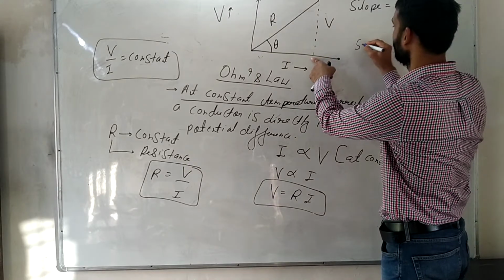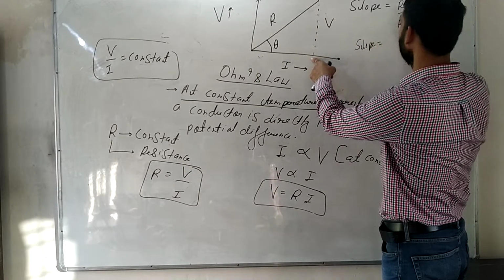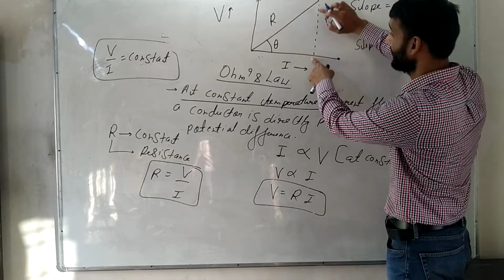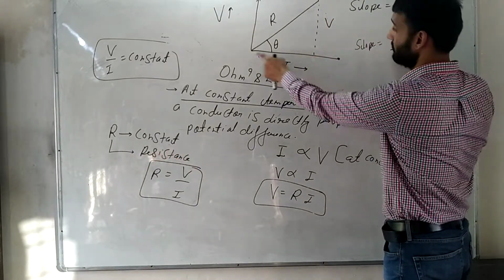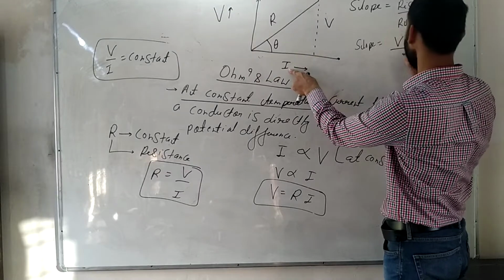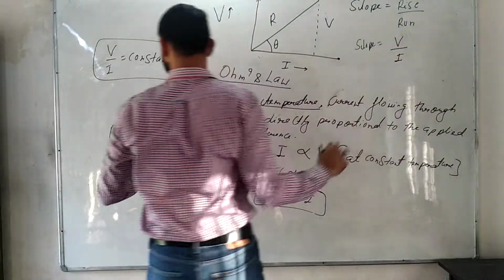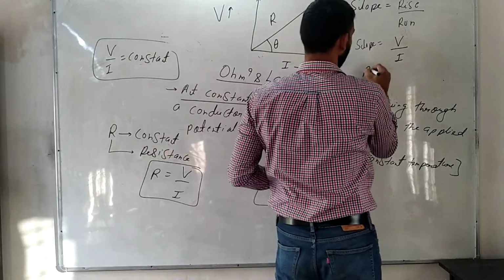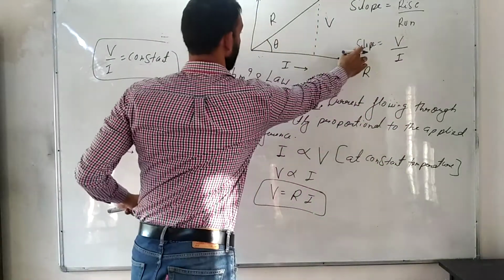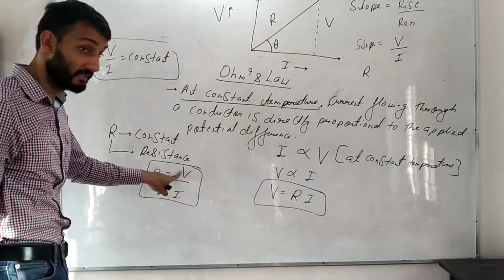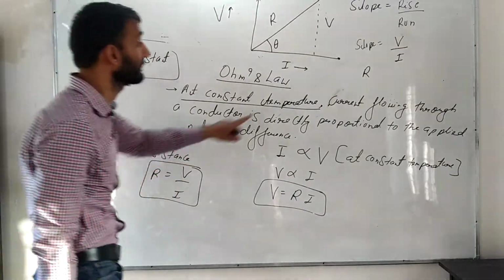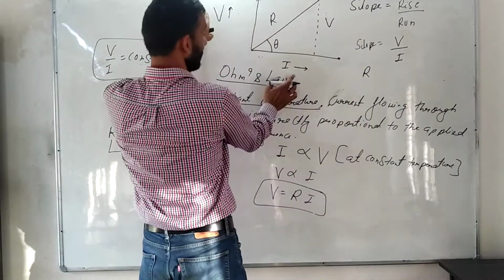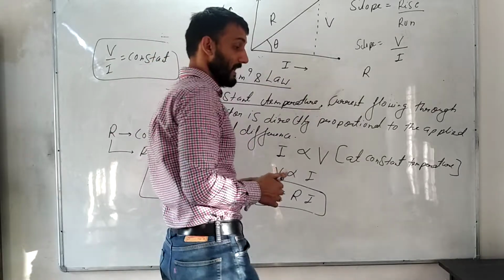How much you have risen along the V axis, that is V, and how much you have run along the I axis, that is I. So slope is V upon I, and if you compare it with this equation, V upon I equals R. So the slope of this VI graph gives you R.